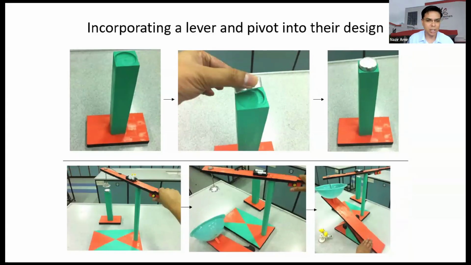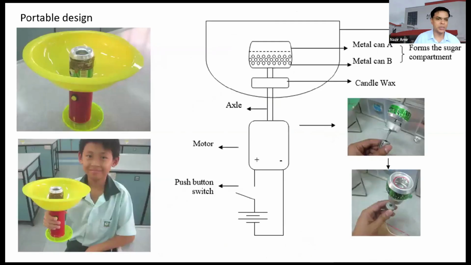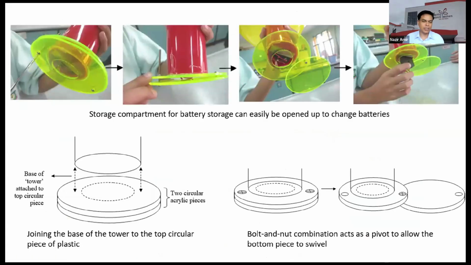For example, instead of a Bunsen burner, this group of students use a candle, and they show where they get their ideas from, which books, the idea conceptualization. And one student came up with a very portable design. You're able to just press a button and the candy comes out over here. And this is where he puts in a battery. So a very simple design, but it's possible.